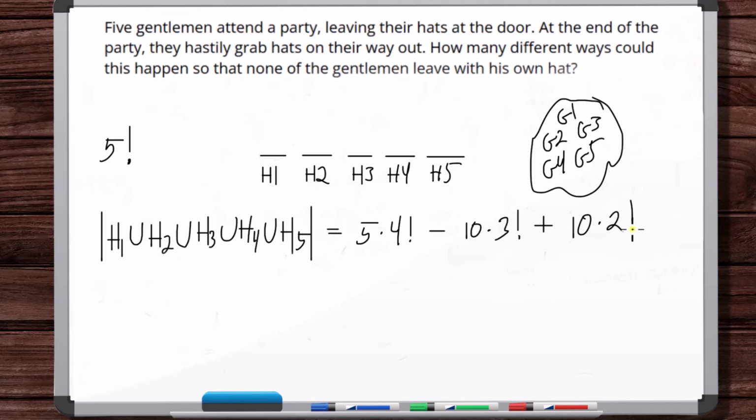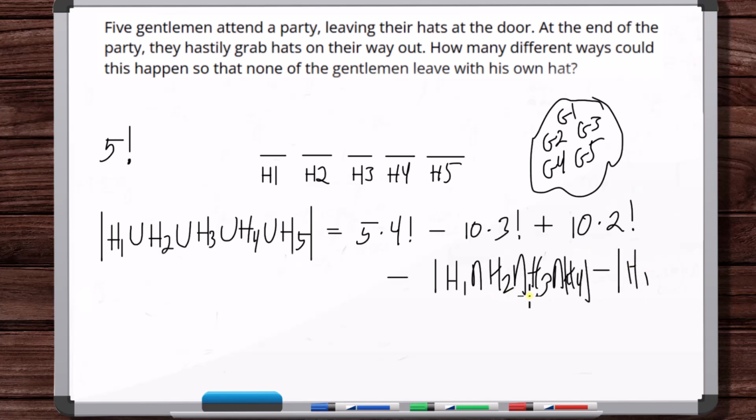Okay, now we subtract all of the intersections of the groups of 4. So H1 intersection H2 intersection H3 intersection H4 minus H1 intersection H2 intersection H3 intersection H5, etc.